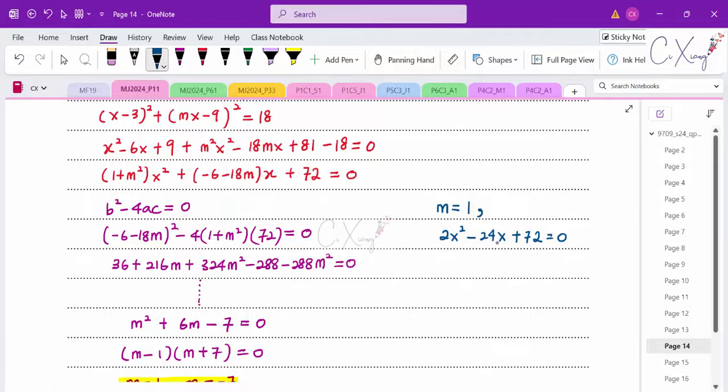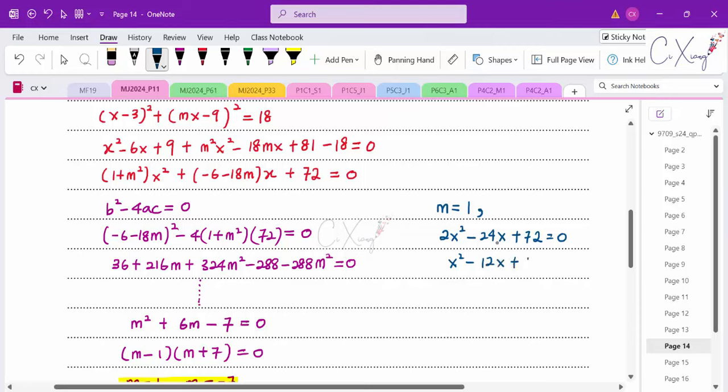Simplify further, you'll be having this. Then from here, you realize that you can actually factorize it. So you get x equals 6.